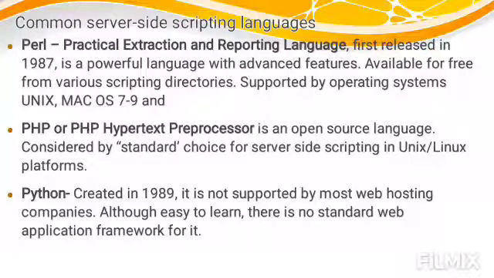It is an open source object-oriented language, considered the standard choice for server-side scripting on the Unix Linux platform. Python was created in 1989 and is not supported by most web hosting companies. Although easy to learn, there is no standard web application framework for it.